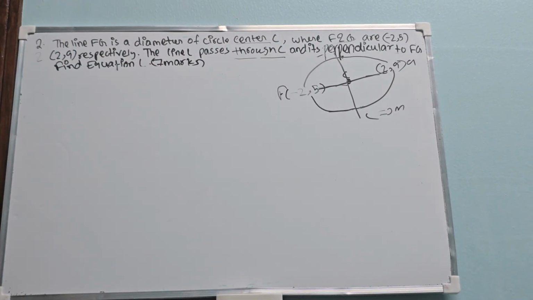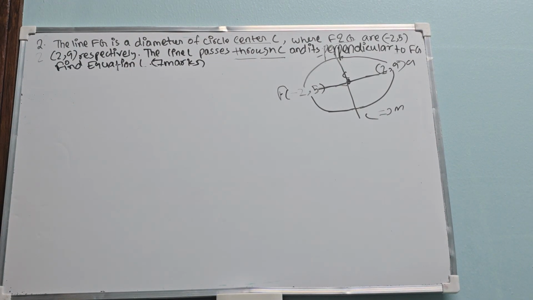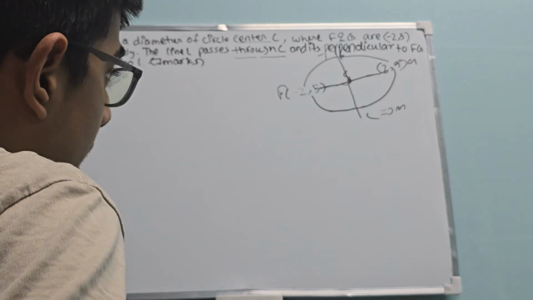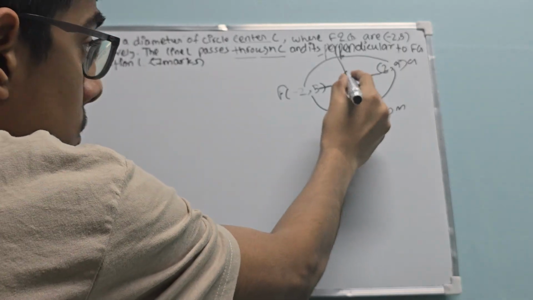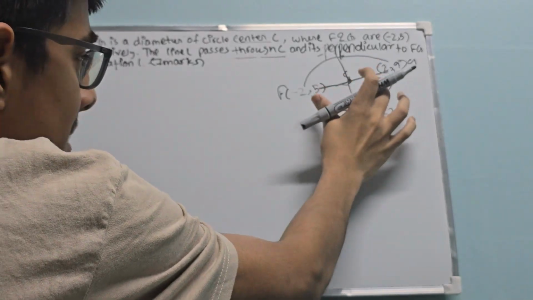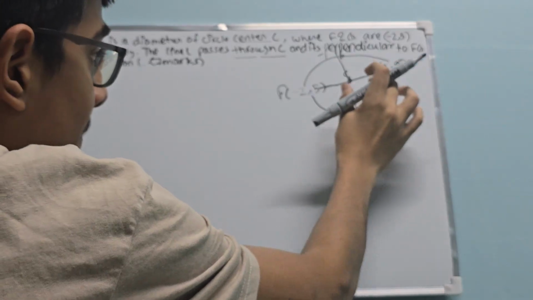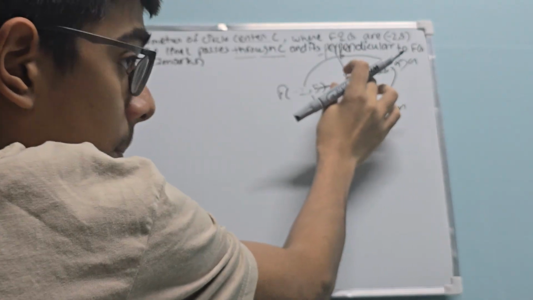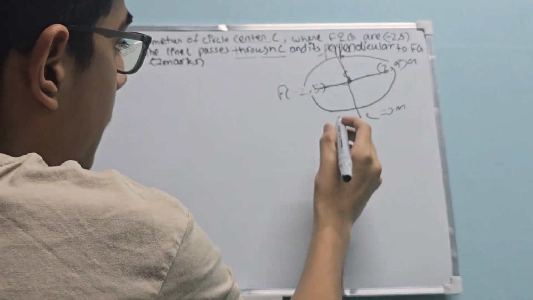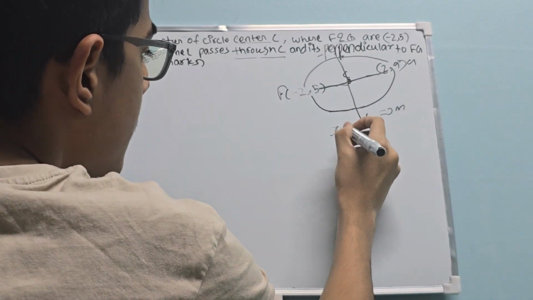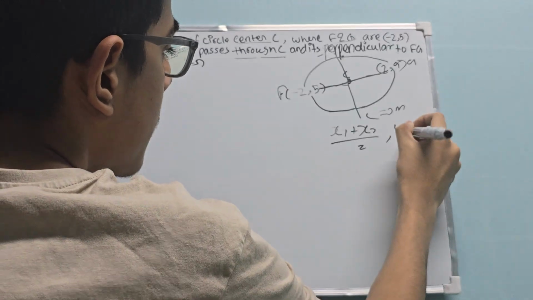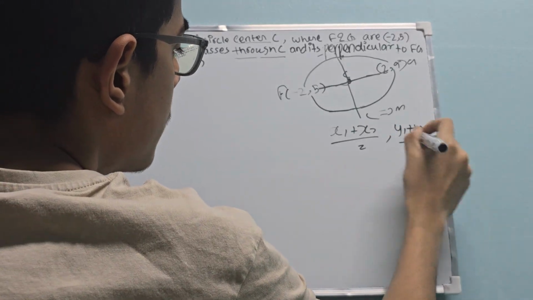What else? We need a point to find the y-intercept. How can we do that? Well, it is passing through the center. If the diameter is FG, the point C is going to be the midpoint. The midpoint formula you should know is ((x1 plus x2) over 2, (y1 plus y2) over 2).